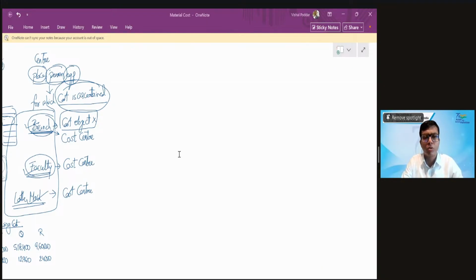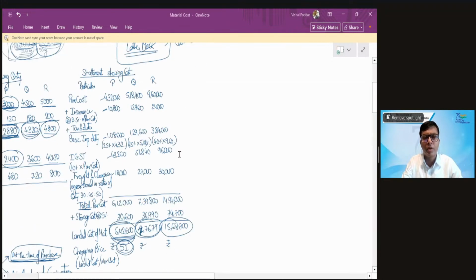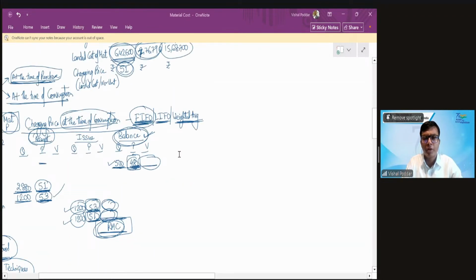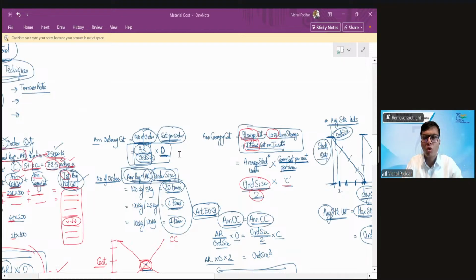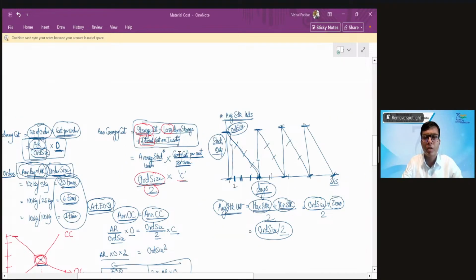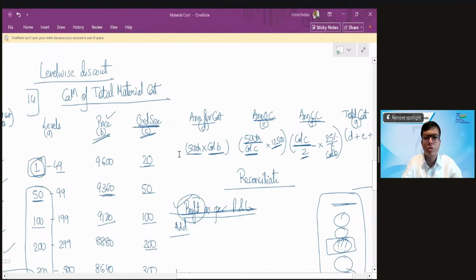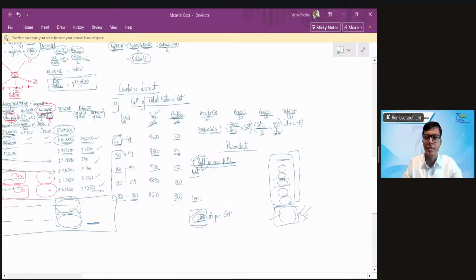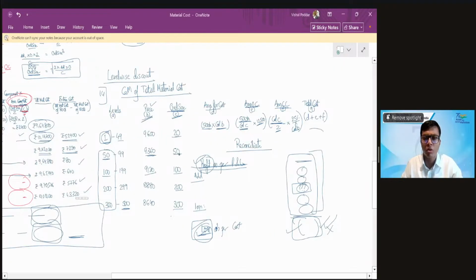Generally, the answer is no, because in case of level-wise sums, what we did in the previous class, you do not get your EOQ because here what answer you will get is wherever the total cost would be lowest out of all these options, that level will be called as the most economical level. If you read the question also that we solved, the question also specifically asked what is the most economical level.